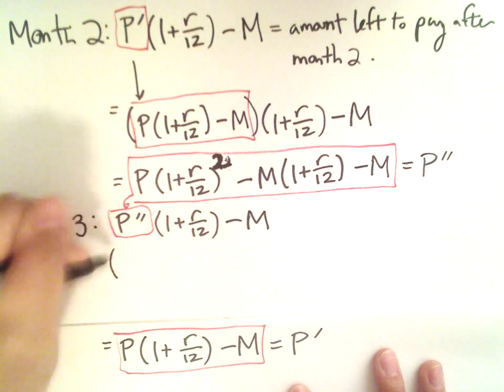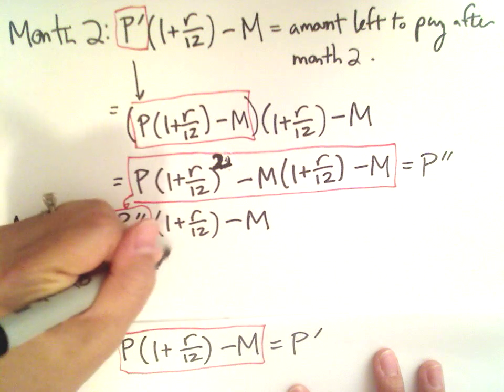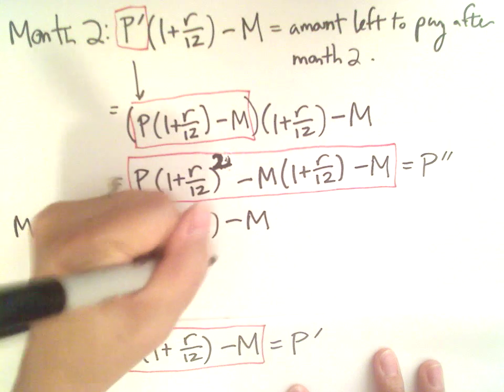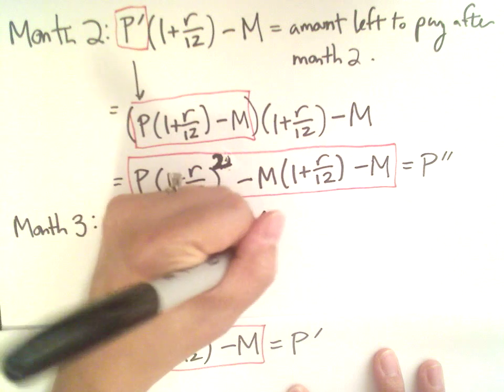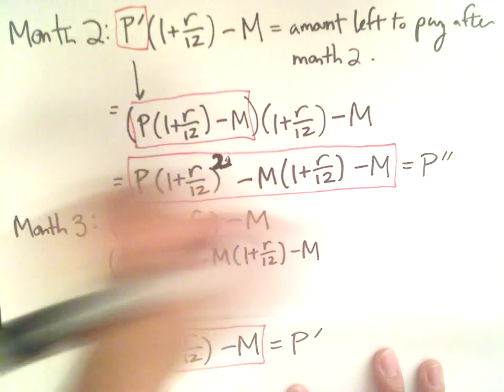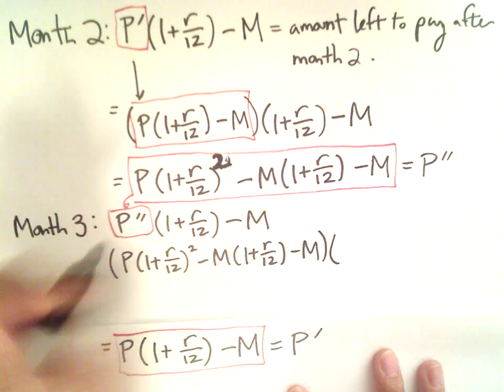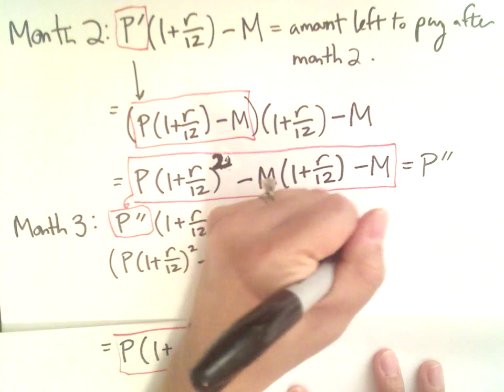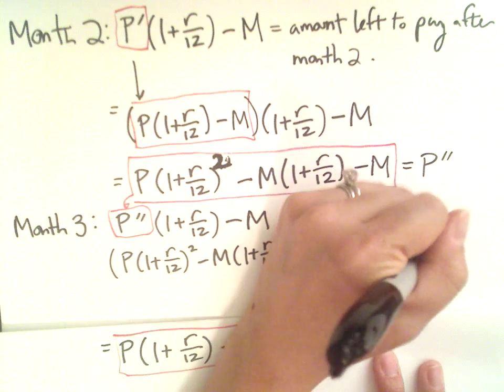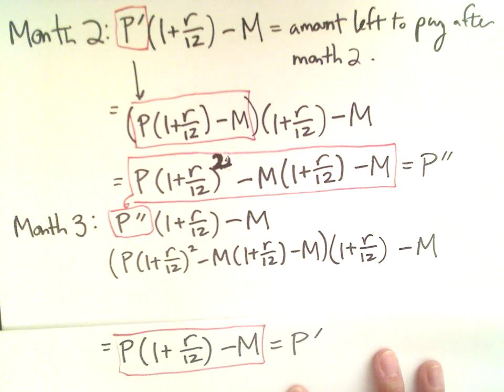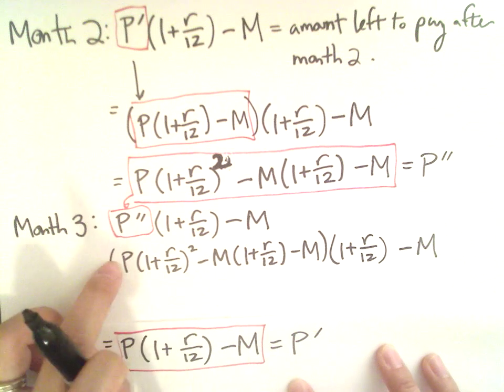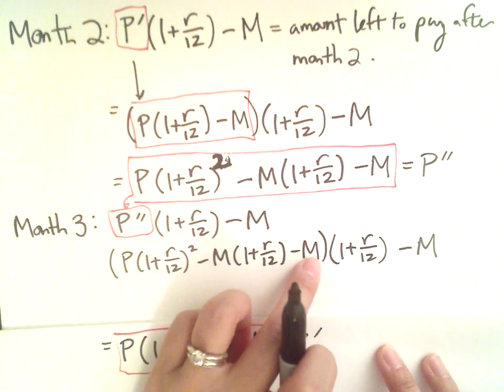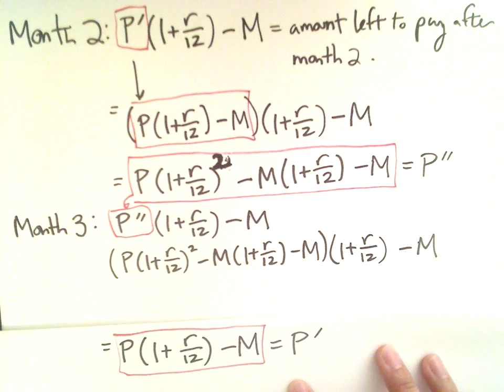So that becomes P times 1 plus r over 12 squared minus m times 1 plus r over 12 minus m. That times the 1 plus r over 12. And then you're still subtracting off m. So again, we just took this and substituted that in right here.